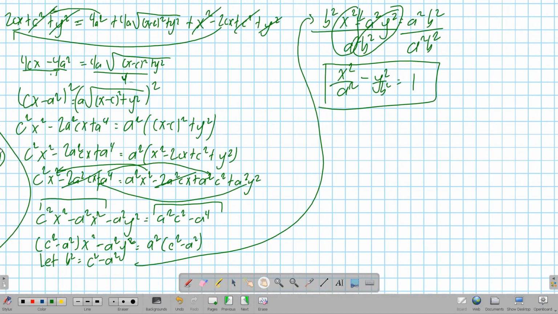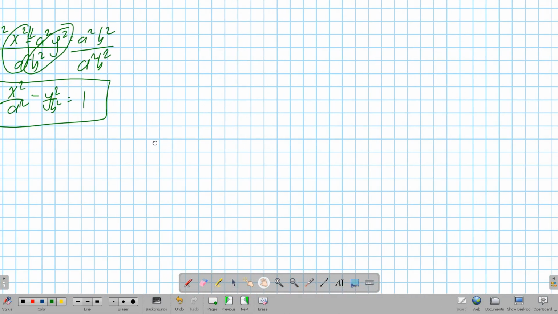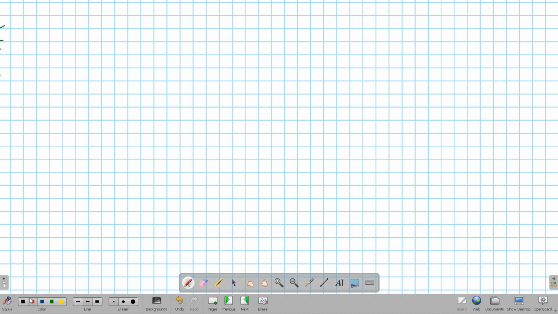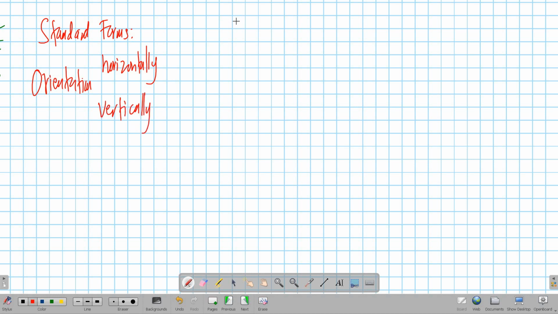And just like ellipse and parabola, it has, again, different standard forms. Let's write it here. Once again, the standard forms would depend on the orientation of the hyperbola, whether it opens horizontally, the two curves open both left and right, or if it opens vertically, upwards and downwards, and where the center of the hyperbola is.